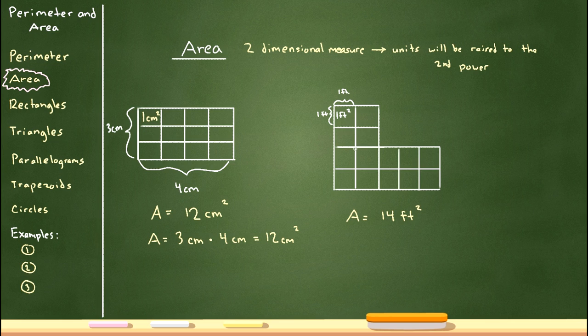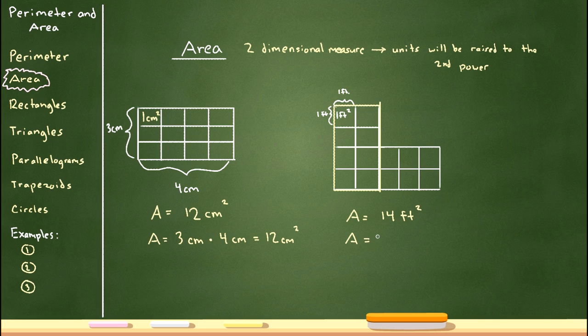In the case of our second figure here, we may have to be a little bit more clever to get the area. If we take a look at this, let me try to draw some lines around here. So if we take a look at this first rectangle, this is 2 by 4, right?